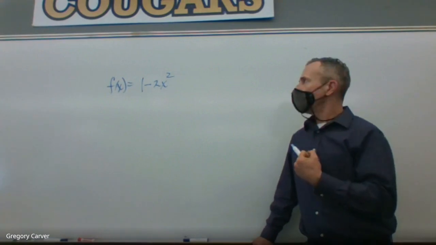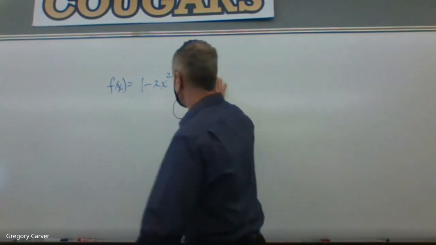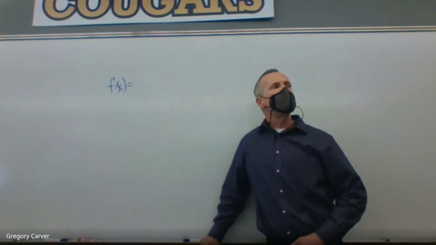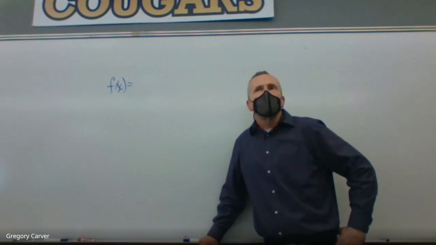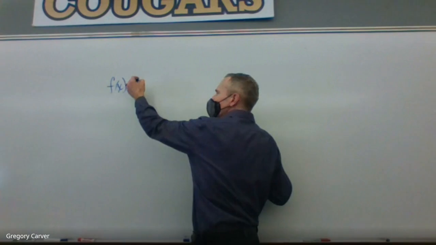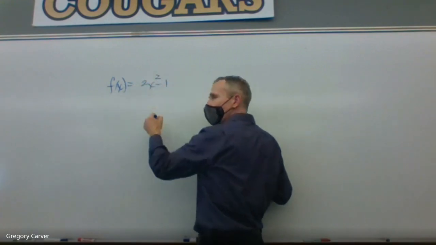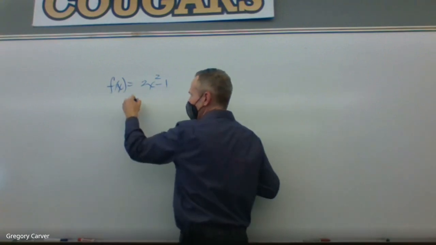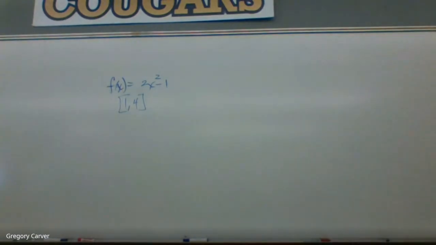Yours was 1 to 3 and 5. Okay, so let's do 2x squared minus 1. Totally different from 1 to 4.